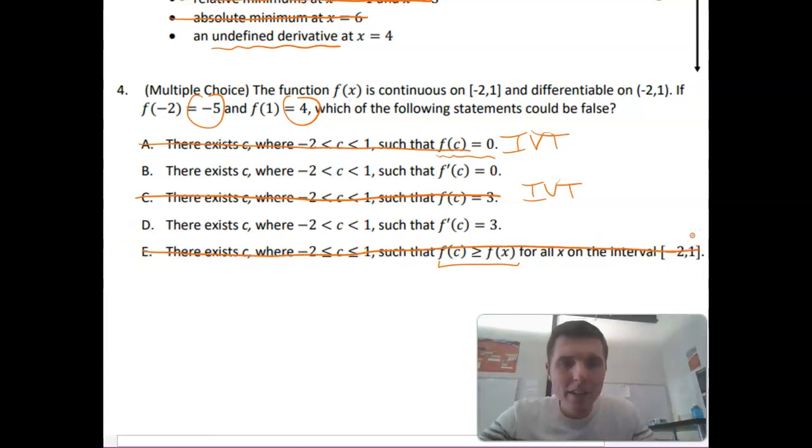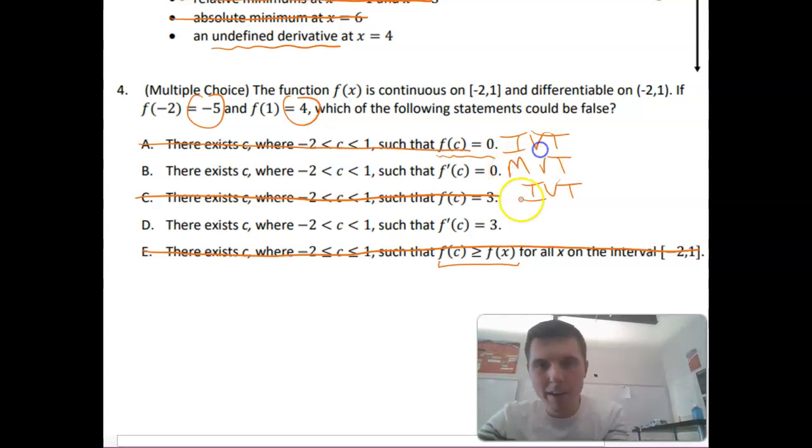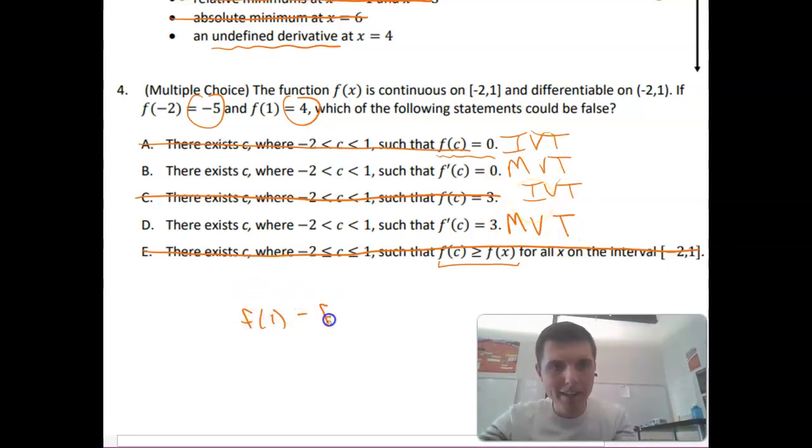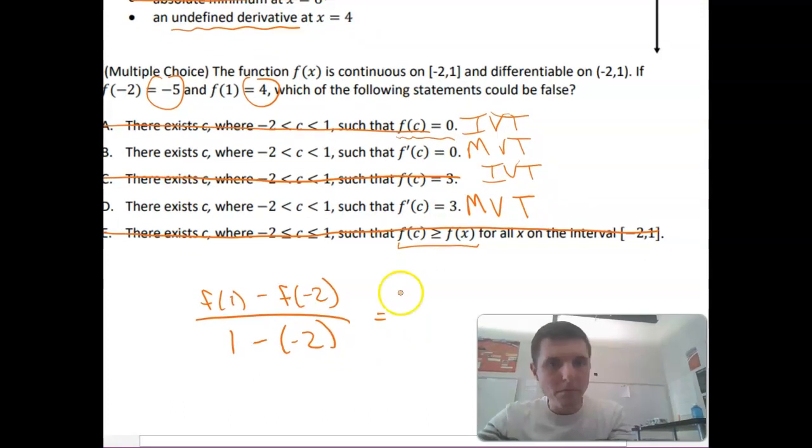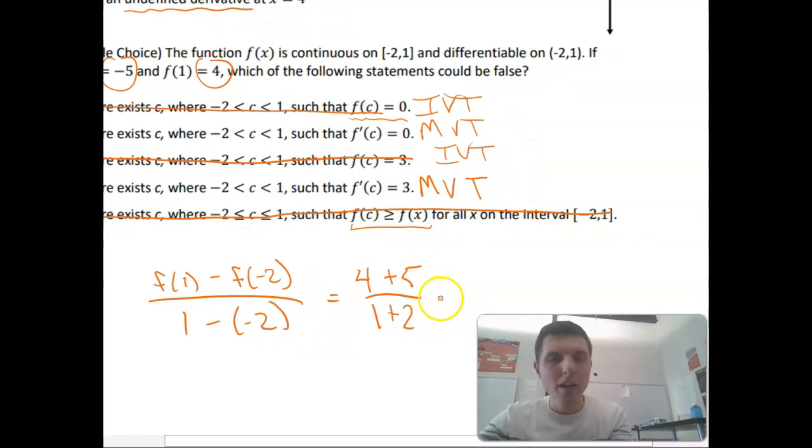And these last two look like MVT, so let's see what's going on here. For MVT, we're always thinking average rate of change. So f of 1 minus f of negative 2 over 1 minus negative 2, and we get 4 minus negative 5 all over 1 minus negative 2, or 9 over 3, or just 3.